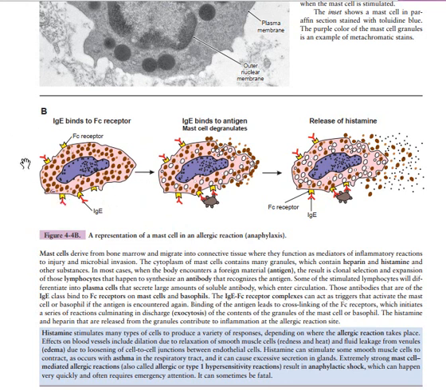Now when you have a first exposure to a particular allergic product, for example a drug like penicillin, food like any nuts, pets like the dander, pollen grains and all that.